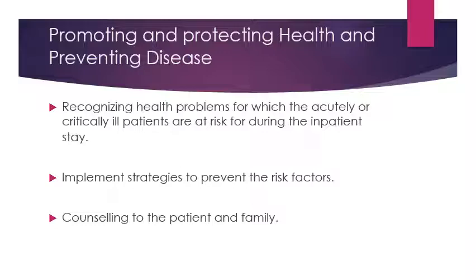So the nurse practitioners recognize it, and they implement strategies to prevent the risk factors. Example here would be during an inpatient stay, the patient is immobilized and the patient is at risk for developing pressure ulcers. So the acute care nurse practitioner is aware of the risk factors and takes steps to prevent the formation of these pressure ulcers.